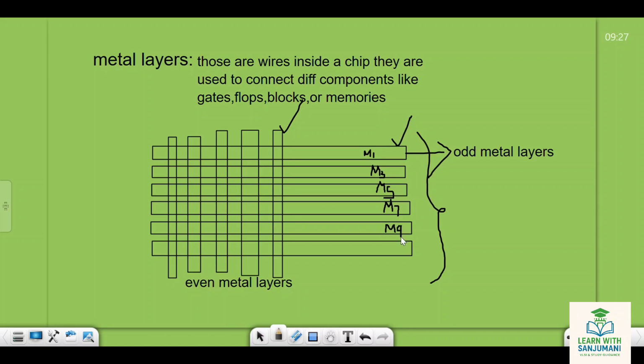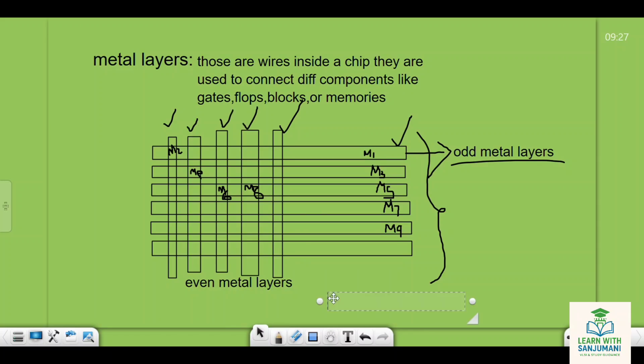So these are the odd metal layers. Now coming to the vertical metal layers. These are M2, M4, M6, M8. So these are the vertical metal layers.